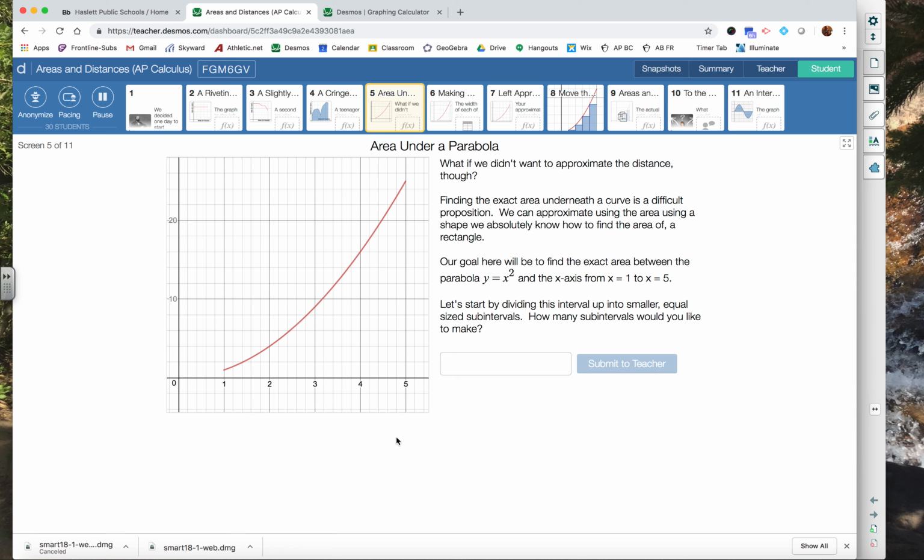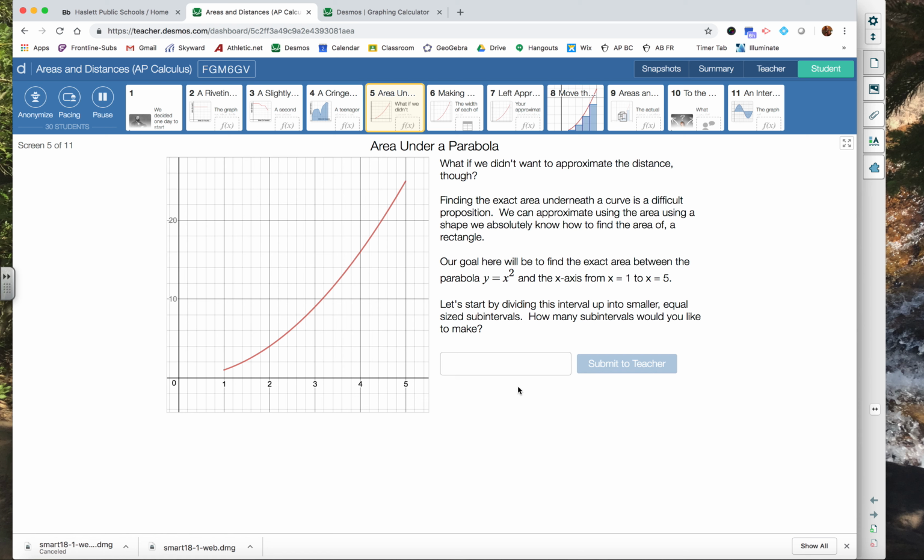And so it's not like this area goes on forever as we go down towards the bottom. The area is defined here from 1 to 5. We have the x-axis as a boundary, and then we have the curve as a boundary. And we'd like to figure out what the area is in here. Not just an approximation, we'd like to know what the exact area is, okay?